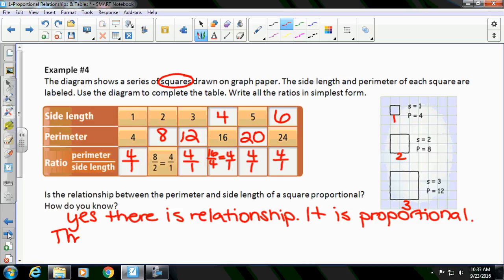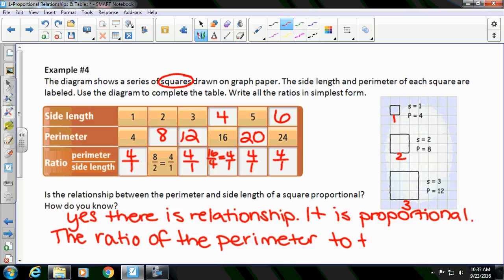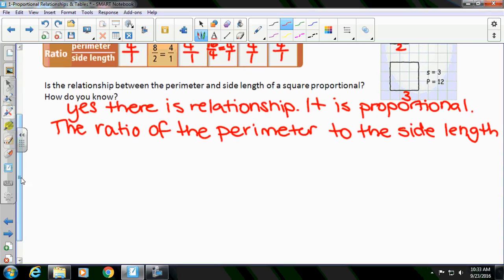The ratio of the perimeter to side length is 4 to 1.